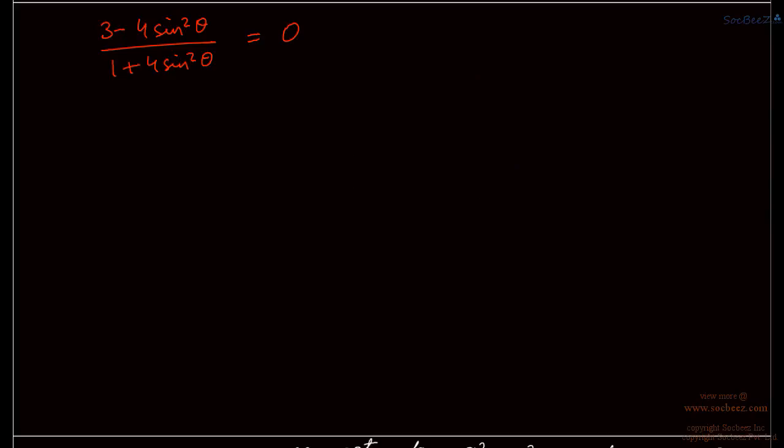Now the denominator is always positive, so only the numerator can be 0. That means sin squared theta is equal to 3 by 4, or sin theta is equal to plus or minus root 3 by 2.